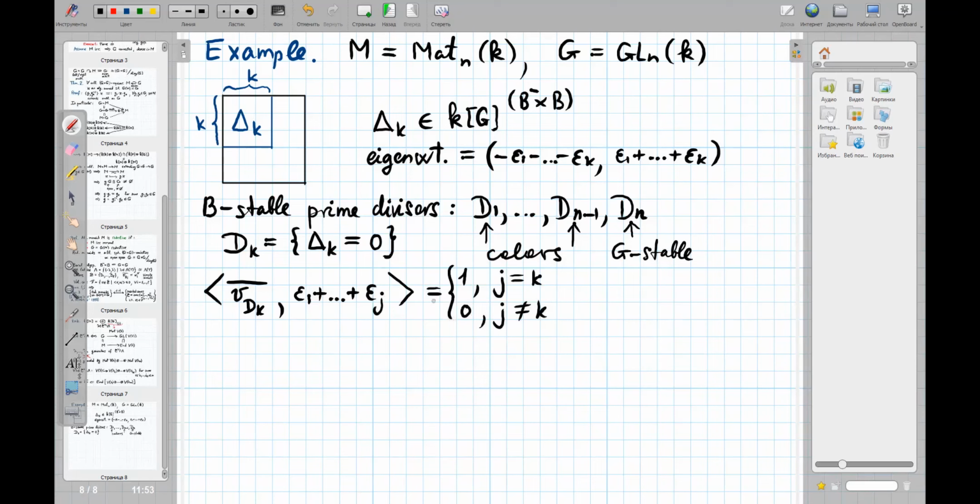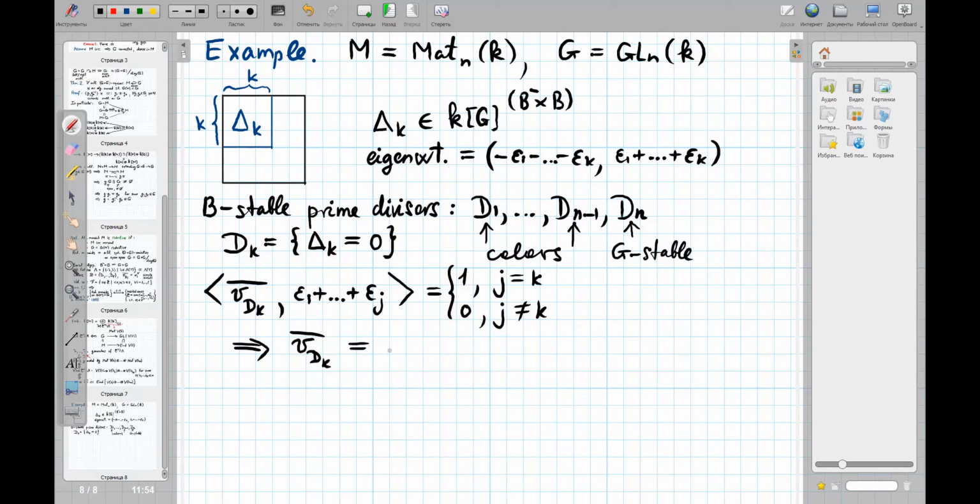Because this pairing is exactly the vanishing order of the respective function delta j along the divisor Dk. So if j equals k, then this function is exactly the equation of this divisor, and the vanishing order is 1. And if j is not equal to k, then this function doesn't vanish on Dk, and the order is 0. And from this, we easily deduce that the vectors v sub Dk bar are of the following form.